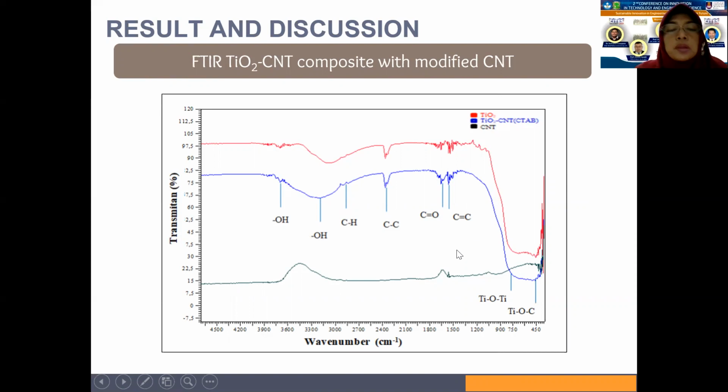The composite forms at wavelengths below 798, which indicates the peak of the Ti-O-Ti and Ti-O-C bonds.